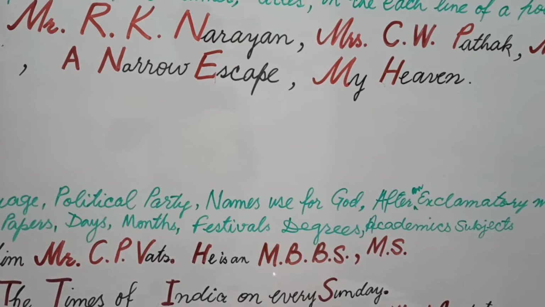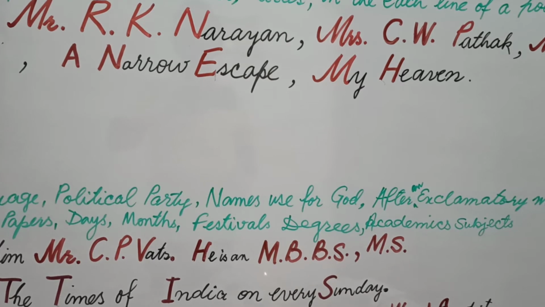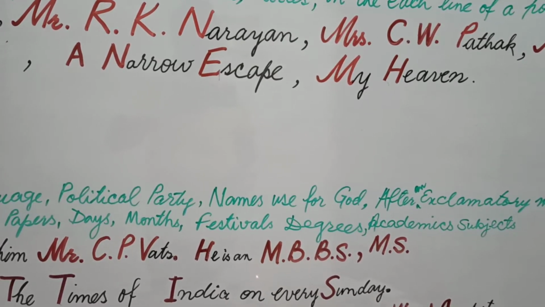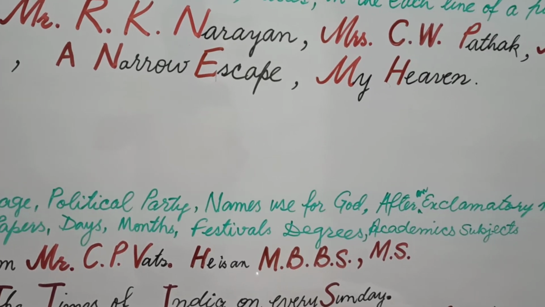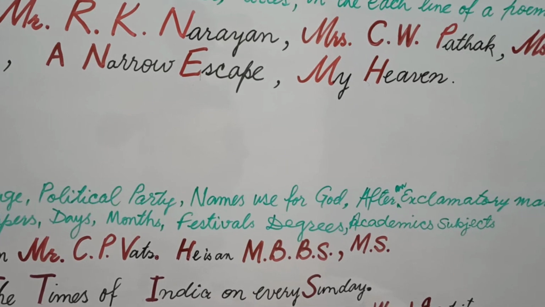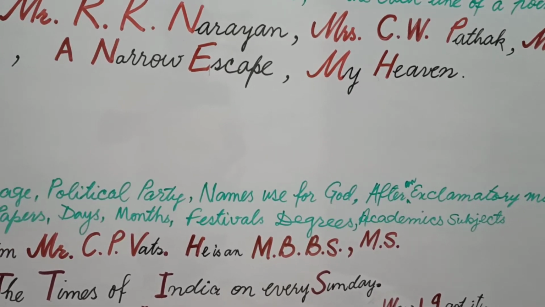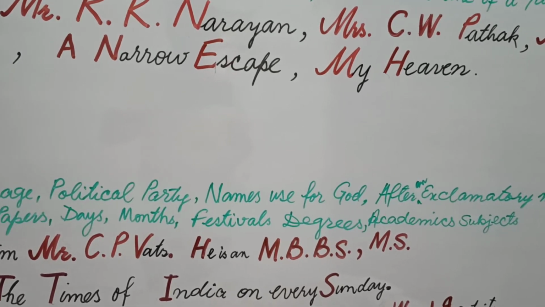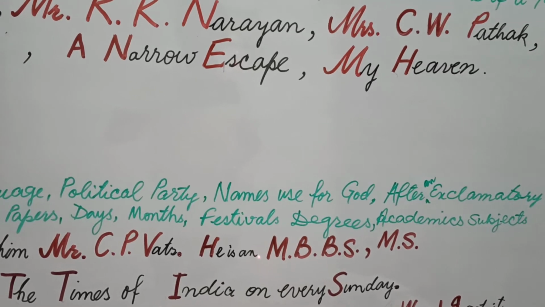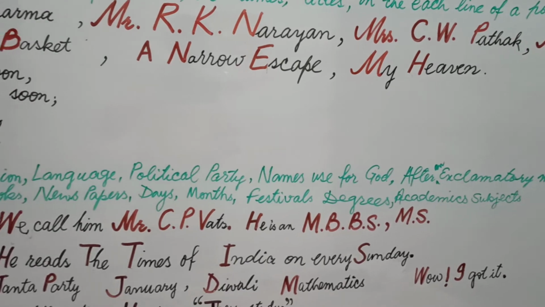M is pronounced "em", and the sound of this M is produced with e, a vowel sound, that's why I used an, an M.B.B.S. If it were mango, in mango you pronounce ma. Ma is a consonant sound and you use a mango. But in saying M you use the vowel sound, that's why an. That's why he is an M.B.B.S., M.S.